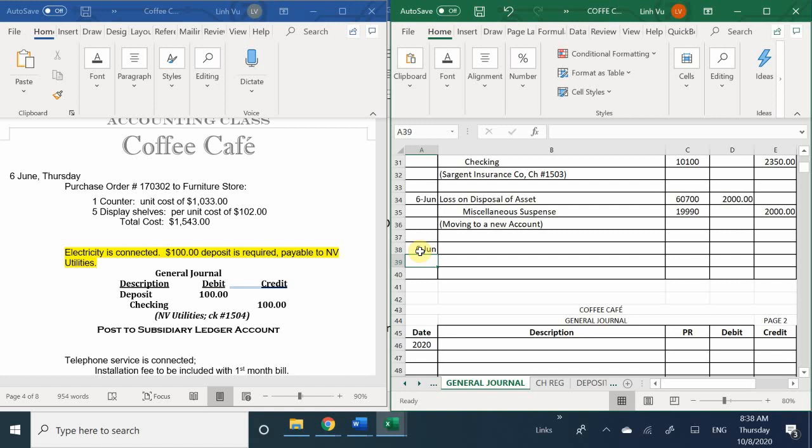Okay. Now, deposits. Do I have a deposits in my chart of accounts?